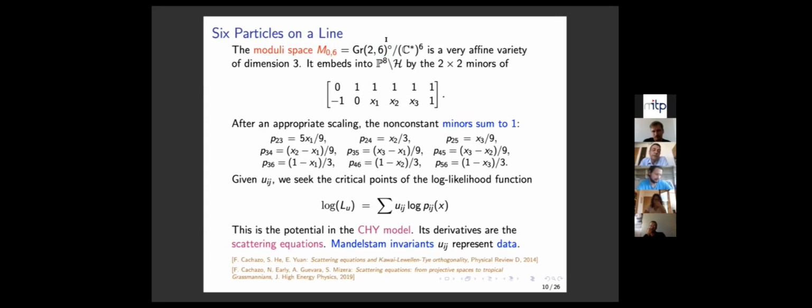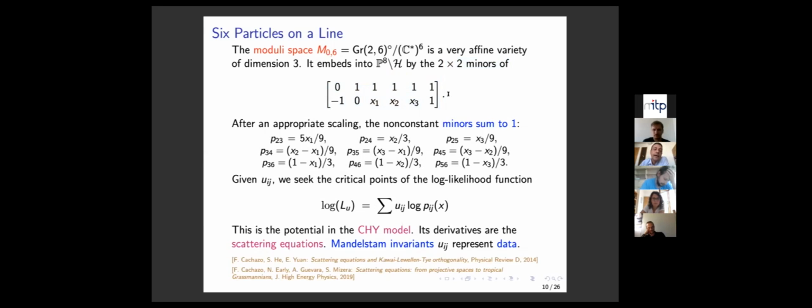Then I have a 6-dimensional torus acting naturally with a 1-dimensional stabilizer. And then this quotient is a very affine variety of dimension 8 minus 5, which is 3.